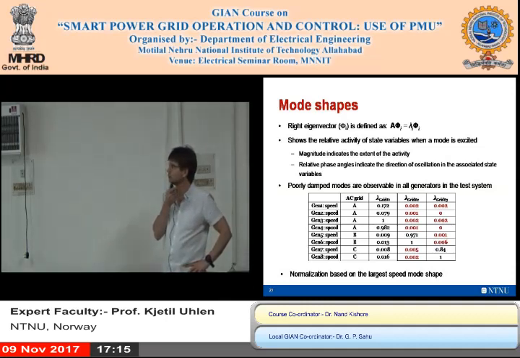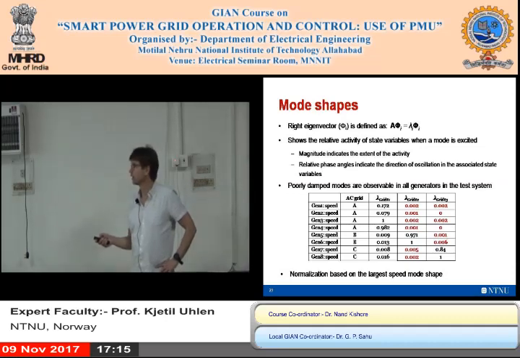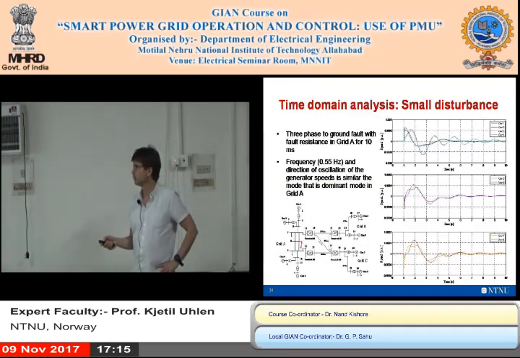However, when we do a larger disturbance, what we will mainly see when we excite the system is, of course, that this low damped mode is highly visible in the area where you had the fault, but it's not really visible in the other area.